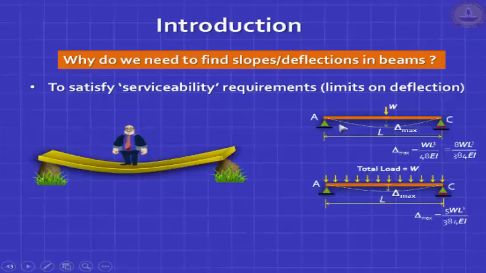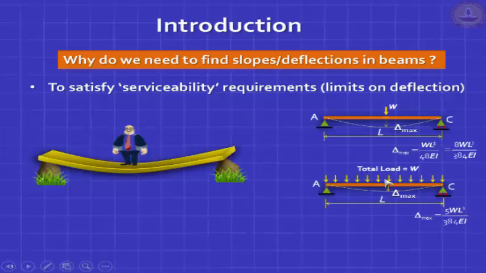It's also interesting to look at the maximum support reaction and shear forces. Well, W by 2 is the maximum shear force at the support. That doesn't change. It doesn't matter whether it's UDL or concentrated. The bending moment is going to linearly vary here, and the maximum value is at the midspan, and that value is WL by 4.